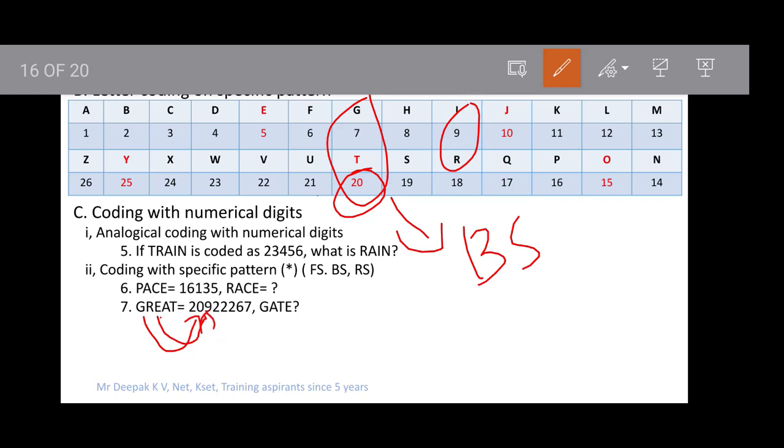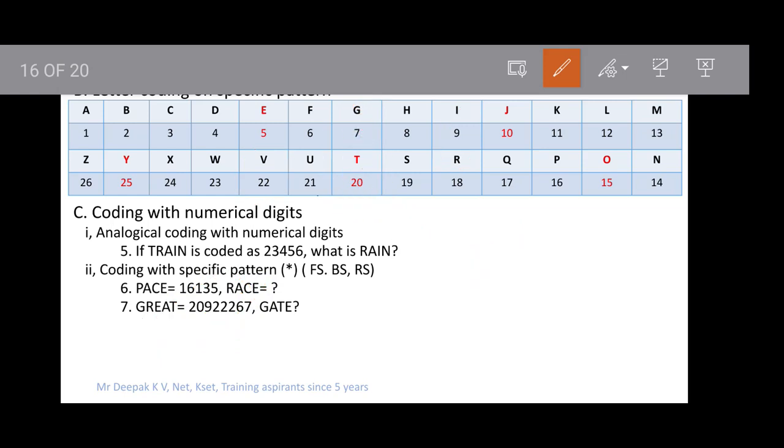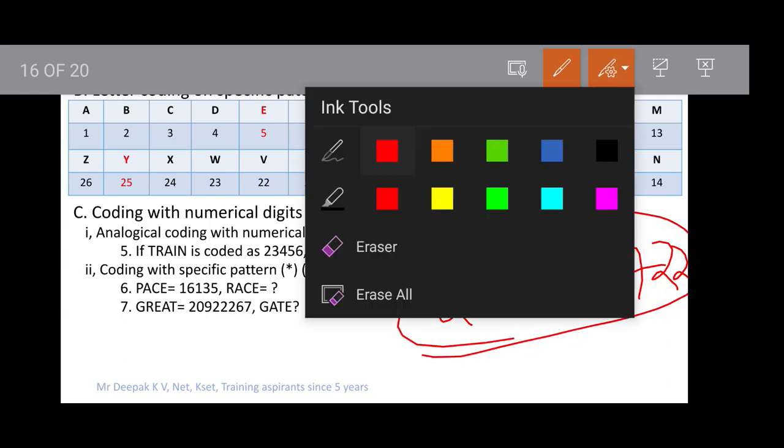Then E's backward sequence number is 22, so E is coded as 22, A is coded as 26, and T is coded as 7. The T's backward sequence number is 7. In the same way we can code gate as well. G's backward sequence is 20, A's is 26, T's is 7, E's is 22. So this should be our answer. I'll go for the next question.